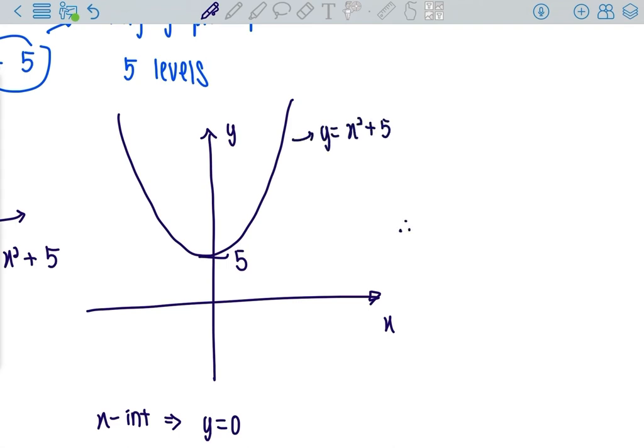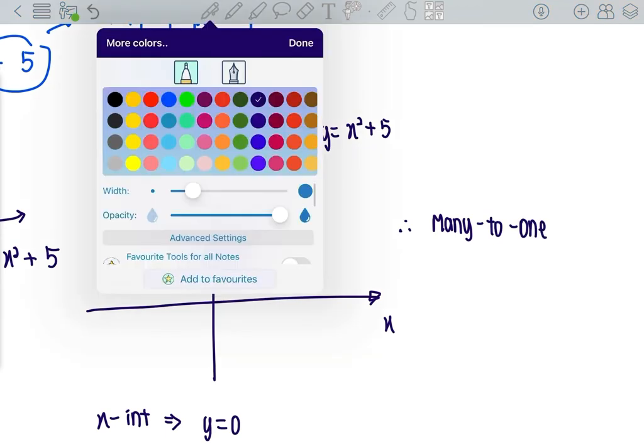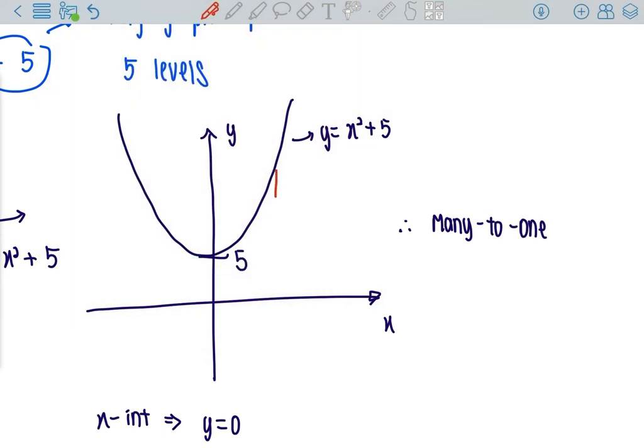We can now conclude that this is a many-to-one mapping. If we take an x input, x equals a, we will realize that the y output, y equals b, is for two different inputs. The other input here may be x equals negative a.